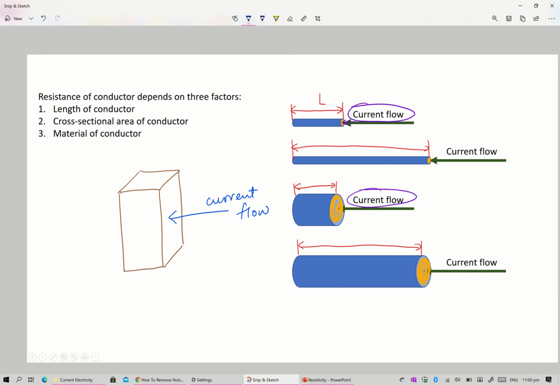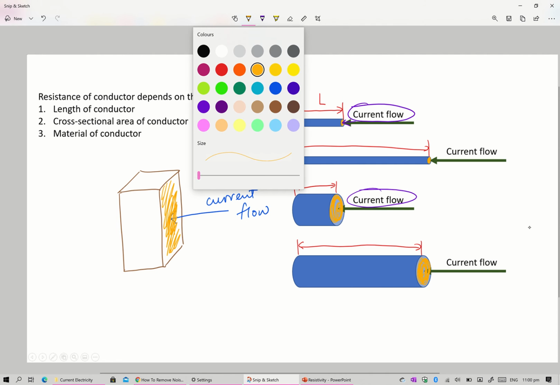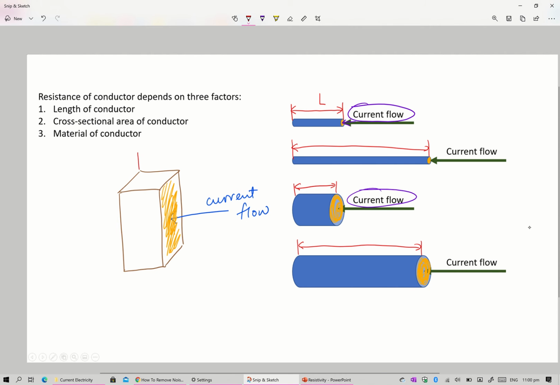So if this is the current flow, then this is the cross-sectional area, and this will be the length of the conductor. How the current flows basically depends on how you connect up the circuit, as we covered earlier in the first part under terminology.